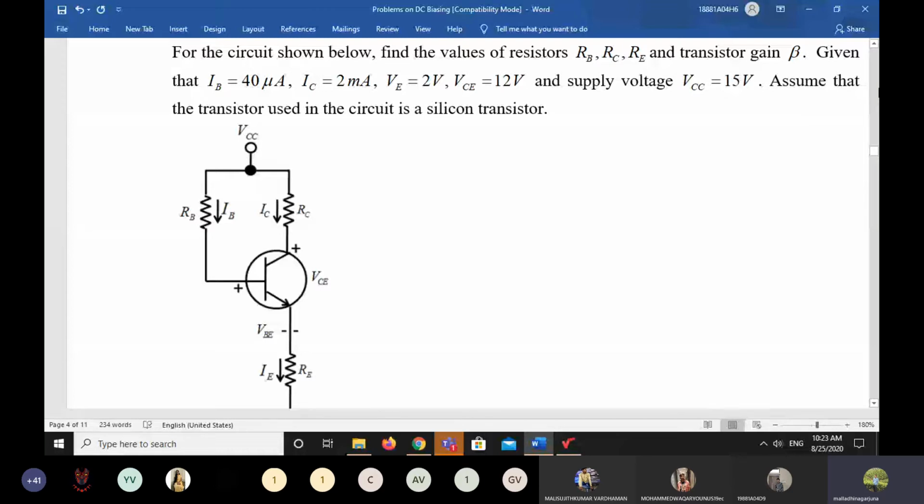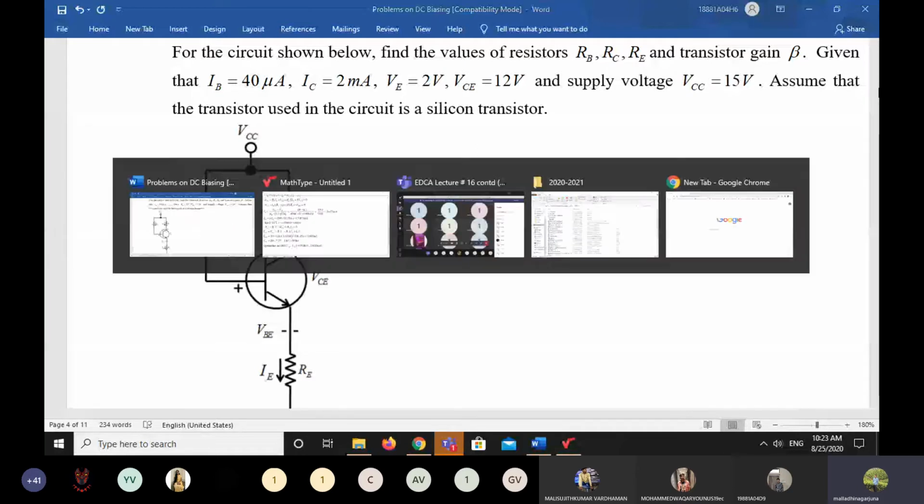How can we calculate the transistor gain beta? Simply, you have the IB value and the IC value. You know the relation IC equals beta times IB, so beta is equal to IC divided by IB. IC is 2 milli divided by 40 micro.